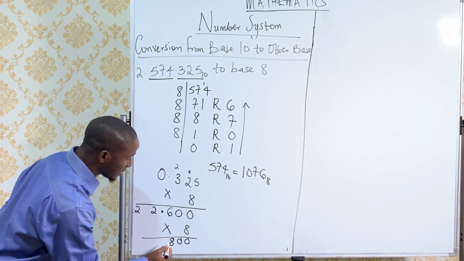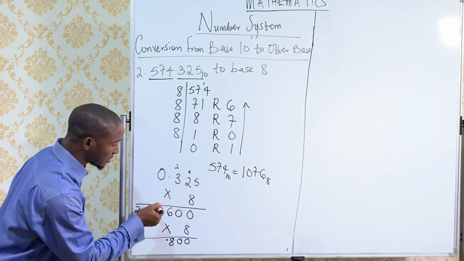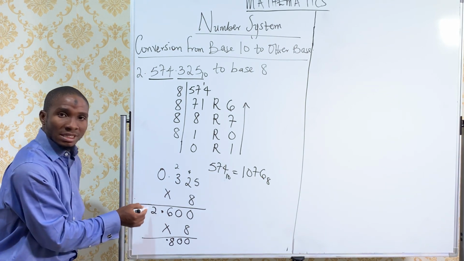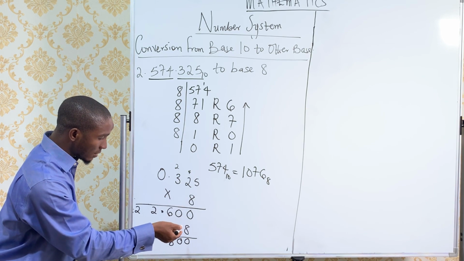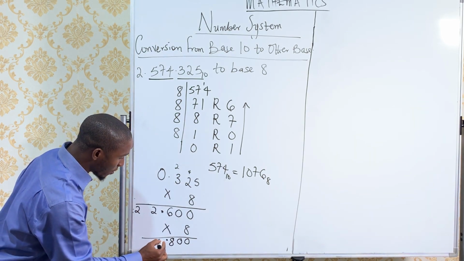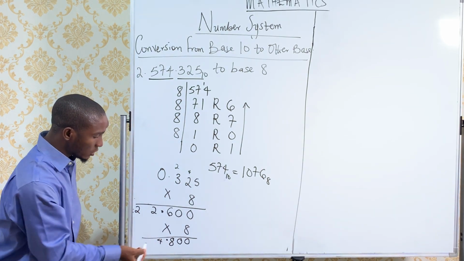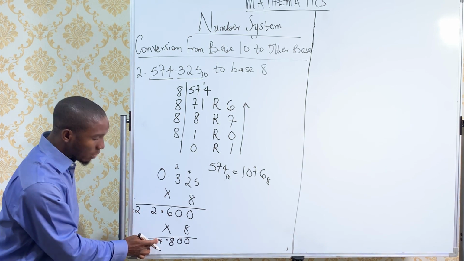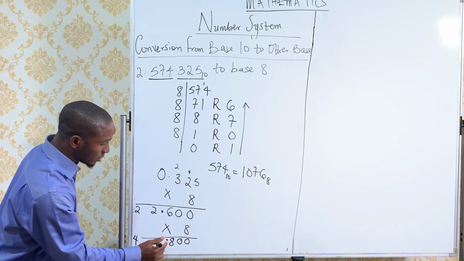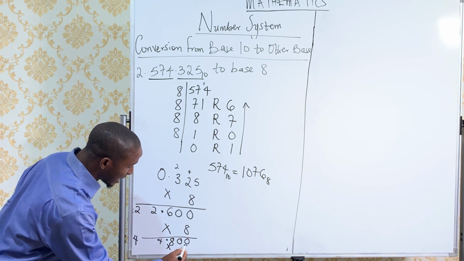So we have 8, and carry 4 to the next number. We treat this one as 0 this time around. 8 times 0 is 0, with 4, that will be 4. Because this was 48, we bring out this 4 again, and we treat this 4 like 0. So we multiply again with 8.